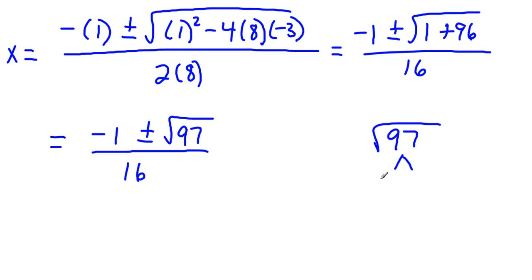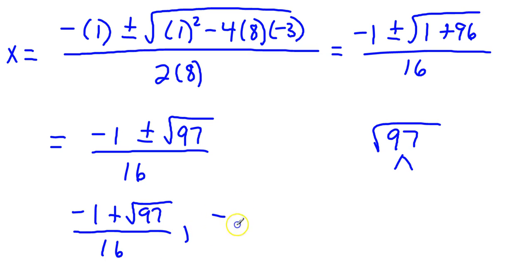I mean, we can go back and check all the odd numbers. 11 doesn't go. 13 doesn't go. 15 definitely doesn't go. Yeah, if we go through and check the numbers, none of those break down. So for that one, that's your answer. If we split it up, it's -1 plus the square root of 97 over 16, and then -1 minus the square root of 97 over 16.